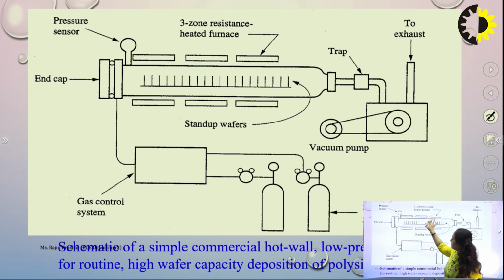It is placed inside a 3-zone resistance heating furnace. Some vacuum pumps will be there to create the vacuum inside the chamber, and source gases are provided. Before starting any process, we can also provide inert gases which will control unnecessary contamination particles.